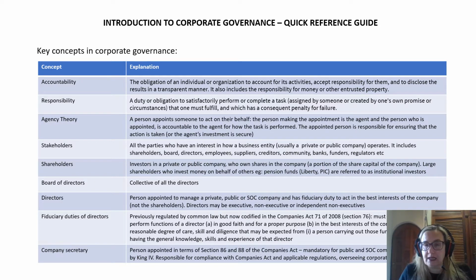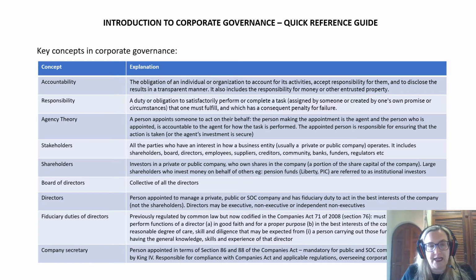If you think of the company as being like a child and the directors being their caretaker or a school teacher, or even just a nanny if it's a baby, and the shareholders being the parents appoint the nanny to take care of the baby on their behalf. And in that same set of circumstances, an agency relationship is created.